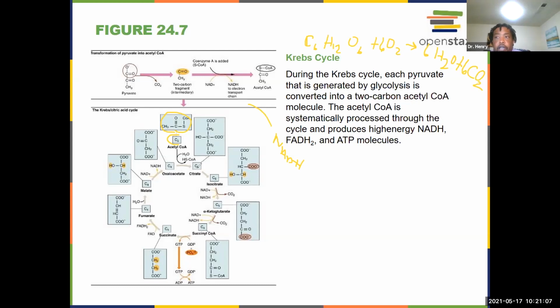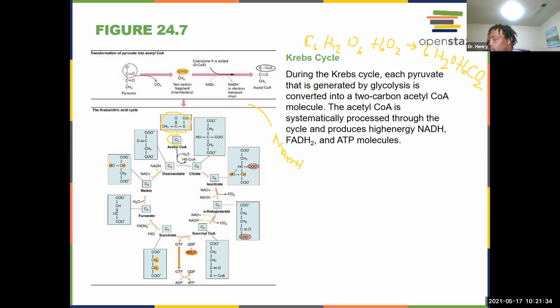Okay, so then that 6-carbon is going to go through an isomerization. So it's still going to have the same chemical compound, but we're going to move things around. In this case, we moved one of those hydrogens that were on the carbon. We're going to connect it with OH here.